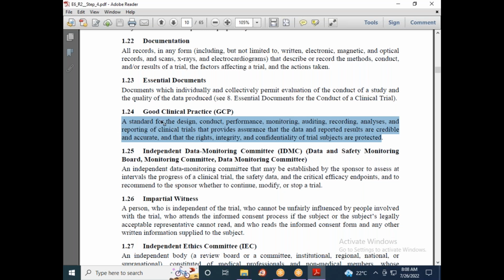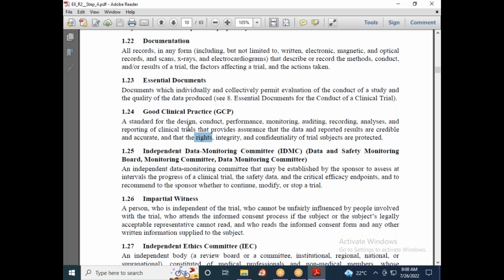It is a standard for the design, conduct, performance, monitoring, auditing, recording, analysis, and reporting of clinical trial data that provides assurance that the data and reported results are credible and accurate, and that the rights, integrity, and confidentiality of trial subjects are protected.